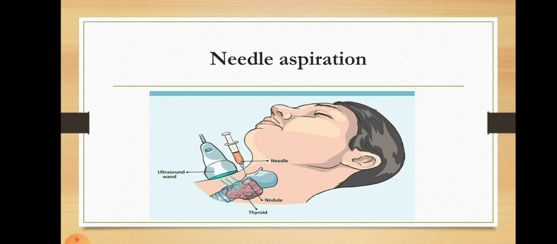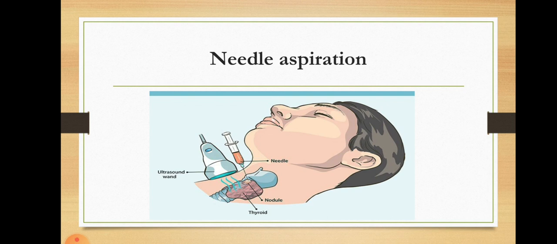The next method is needle aspiration. It is used to collect samples aseptically, for example anaerobic bacteria from cerebrospinal fluid, pus and blood. For needle aspiration, stringent antiseptic techniques are used to avoid skin contamination. To prevent blood from clotting and entrapping microorganisms, anticoagulants like heparin and sodium citrate are also used.